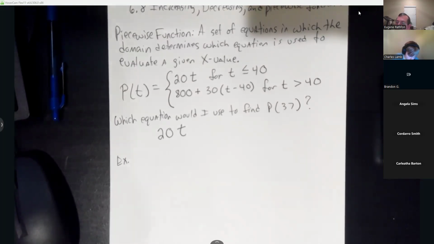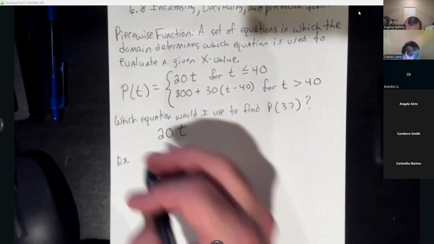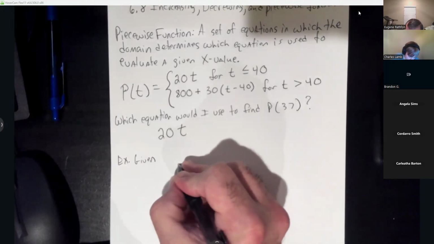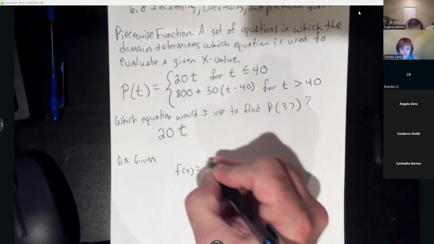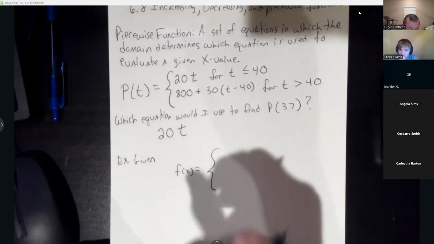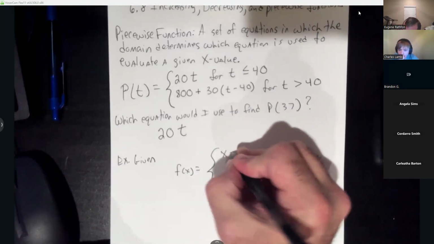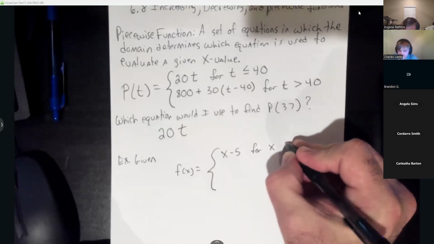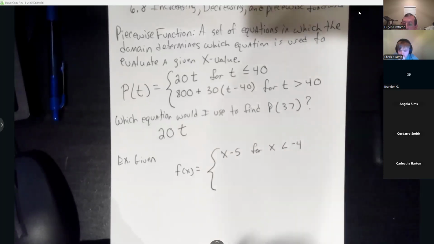All right, so let's do one like MyMathLab has set up. So they're given f of x here. Now I got three equations here, okay? It equals x minus 5 for x less than negative 4.